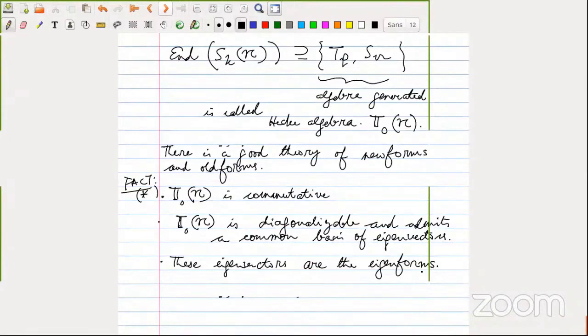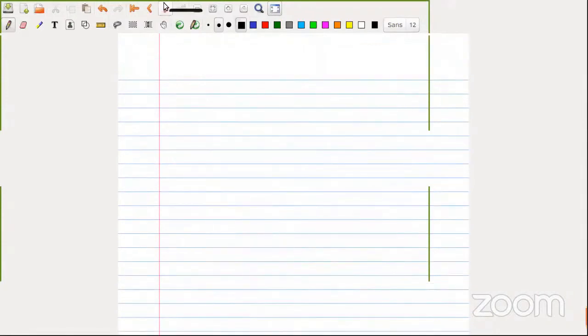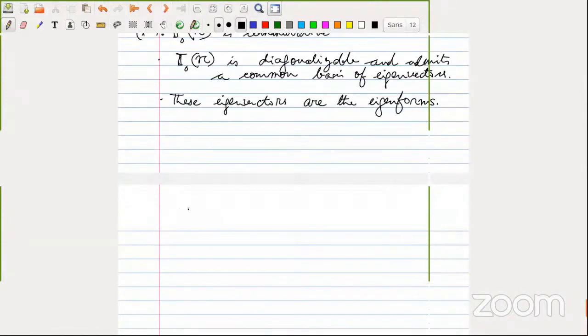And then there is this very famous theorem of Shimura. What can I say about the eigenvalues of a normalized eigenform? Normalized means I make the first non-zero Fourier coefficient equal to 1.